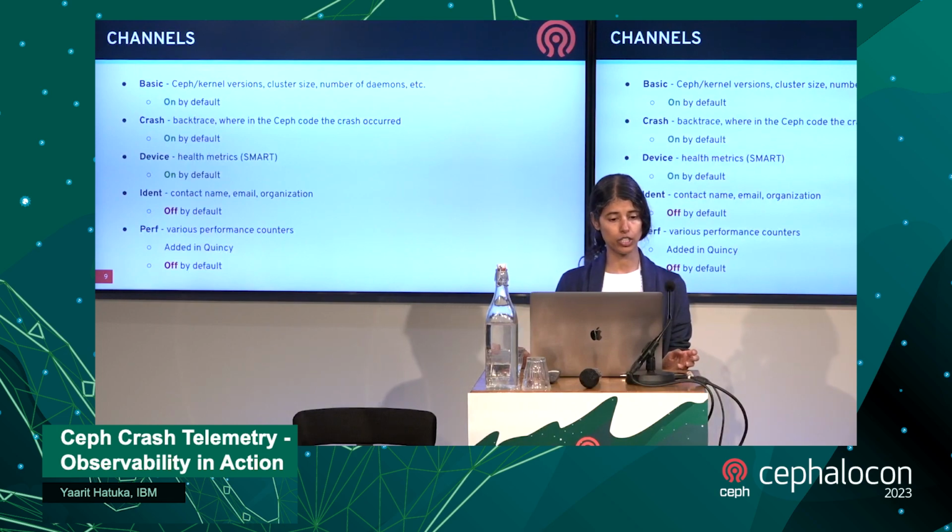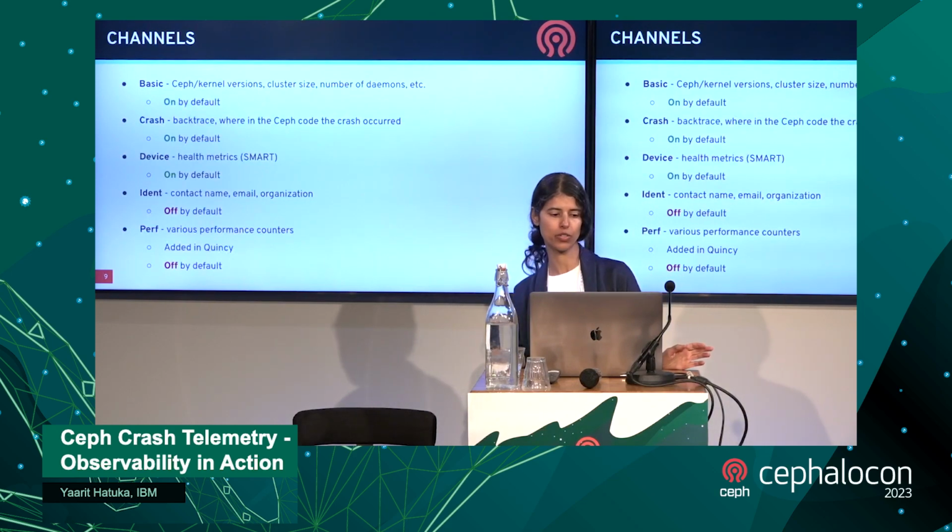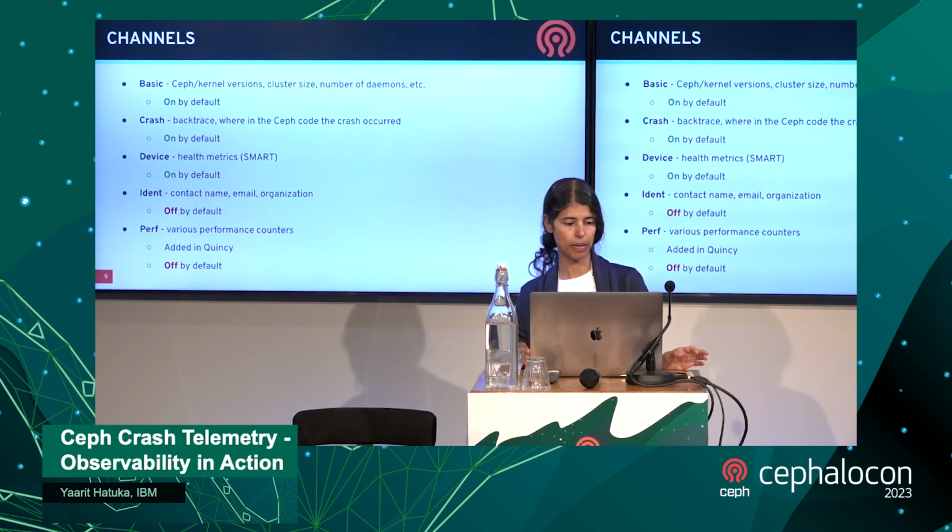And then we have the crash channel, which has a backtrace of crashes, like metadata of crashes that happened in the cluster. We have the device channel that reports health metrics of the drives in the cluster, mostly SMART metrics, and some NVMe metrics where applicable.